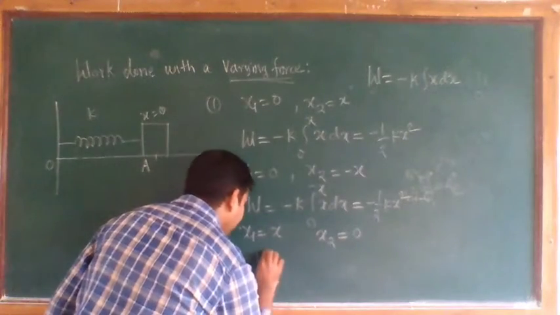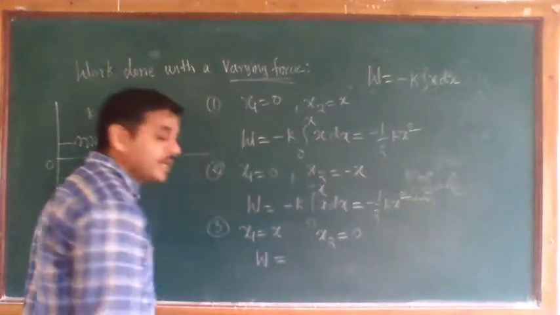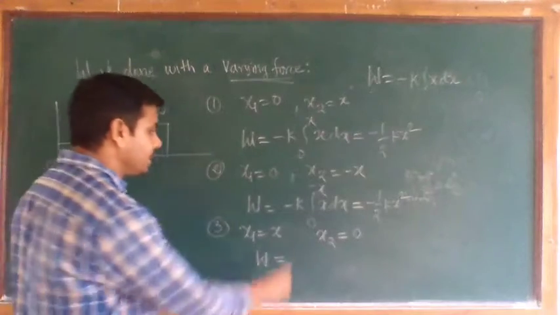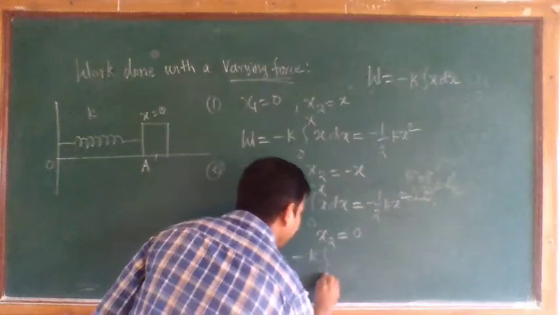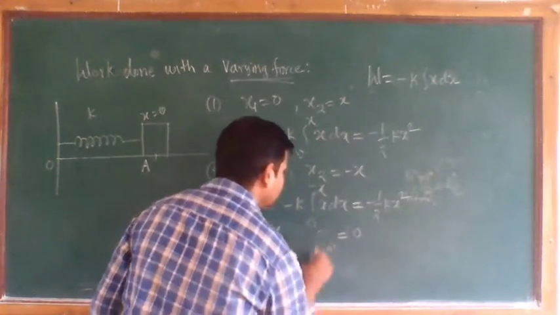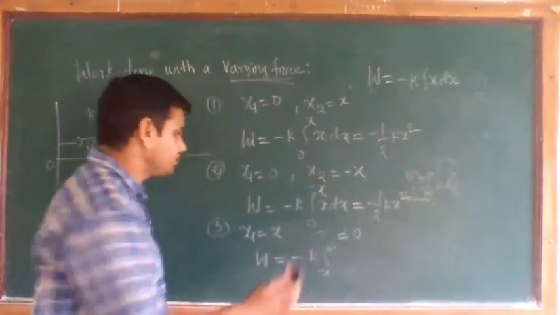If you know x1 and x2, you can determine the work done, which is minus k integration from x to 0.